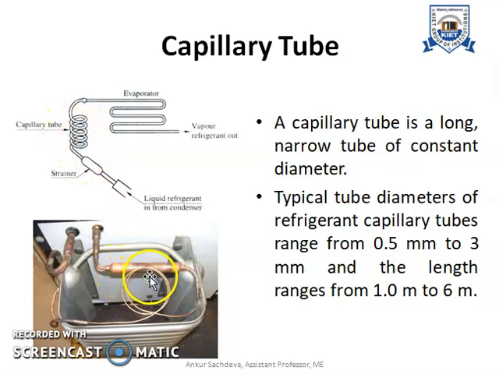Here, as you can see, this is the capillary tube, which is connected between the condenser and the evaporator. As shown here, the liquid refrigerant is coming from the condenser, then it passes through the strainer, where all the foreign particles, dust or dirt, whatever may be there, are removed, and then it passes into the capillary tube.